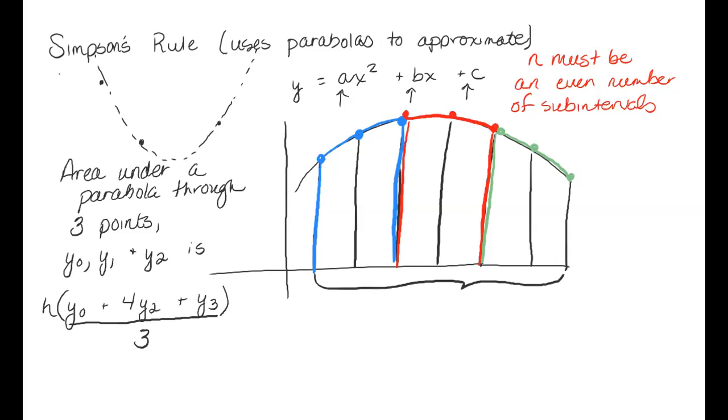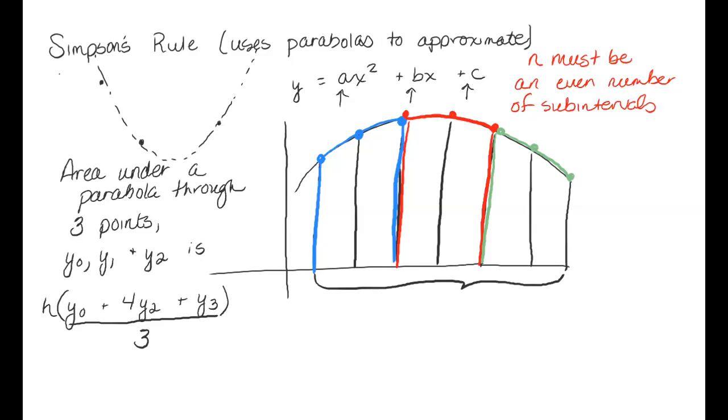So that's the area under a parabola: height over 3 times the first y value plus 4 times the second one plus the third one. So it's kind of a weird formula. You can go look up how to find the area under a parabola and see the development of it. I don't want to take a ton of time here on developing the formula.